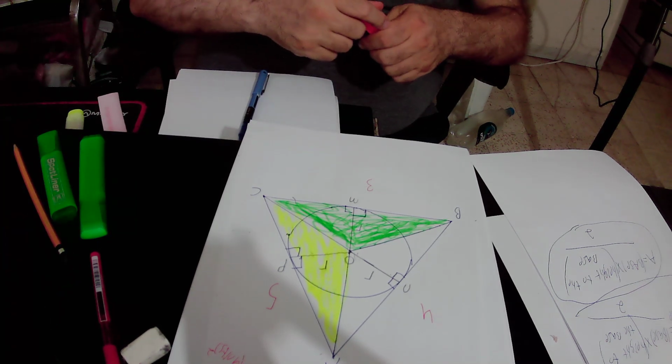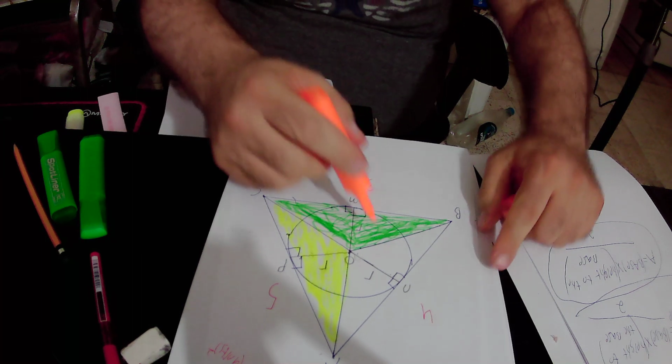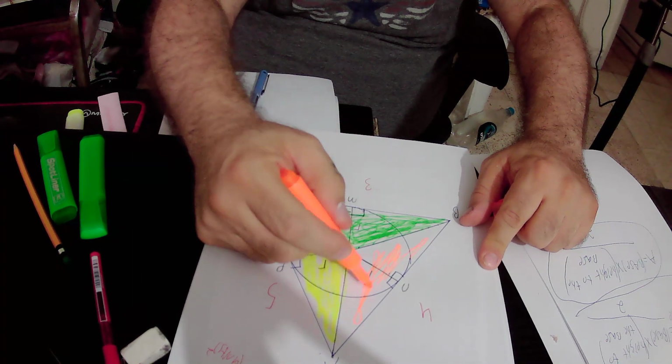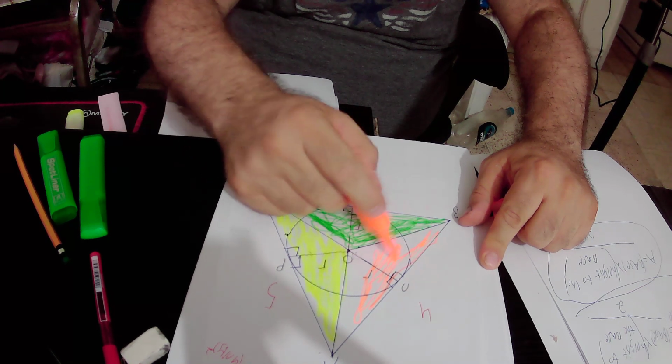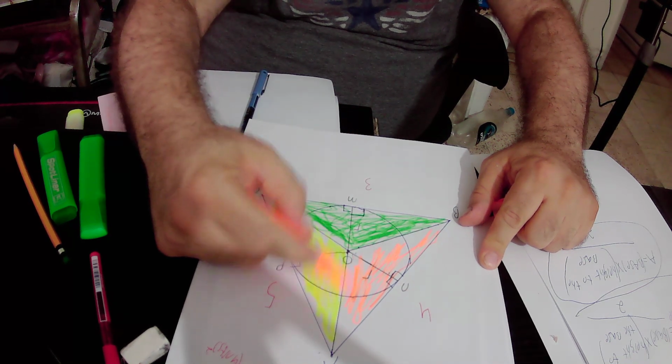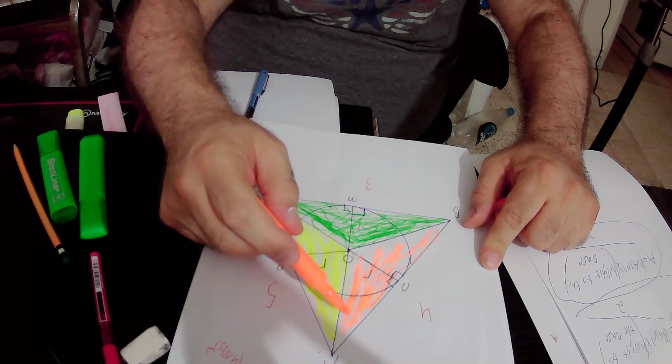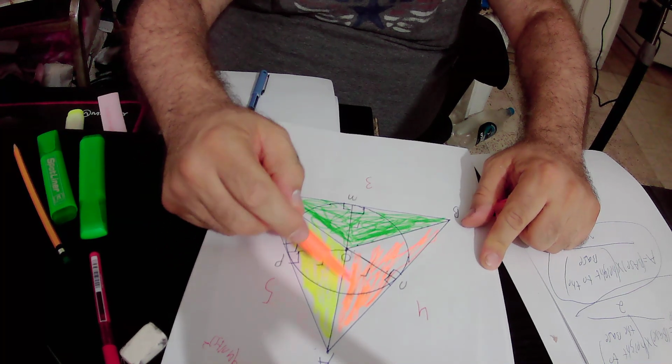calculate the area of the orange triangle. This is actually the area of triangle AOB.